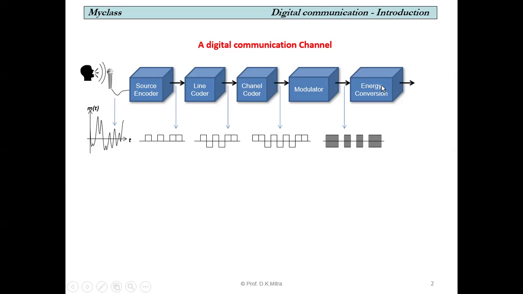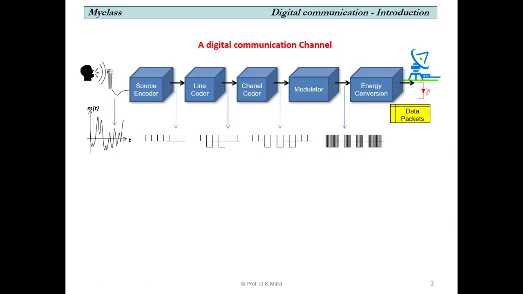Before transmitting, this modulated carrier will be converted either to be transmitted by a radar, or to be transmitted by optical fiber, or maybe it will create data packets to be transferred through internet protocol. So there will be an energy conversion.